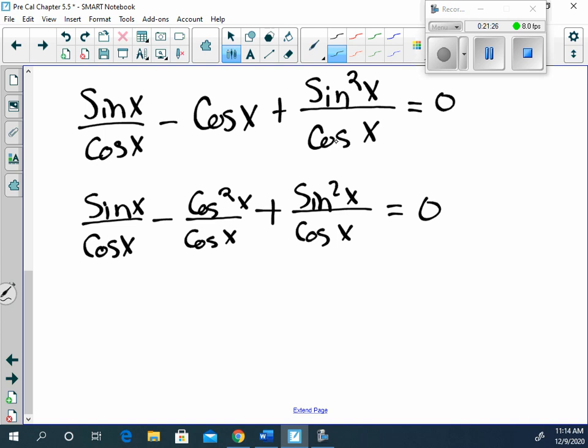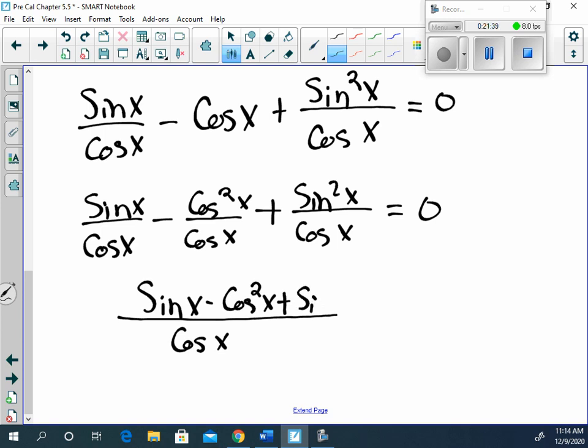So that means we can add the numerator. So we'd have sine of x minus sine squared of x plus sine squared of x is equal to 0. Yay. We're one step closer.